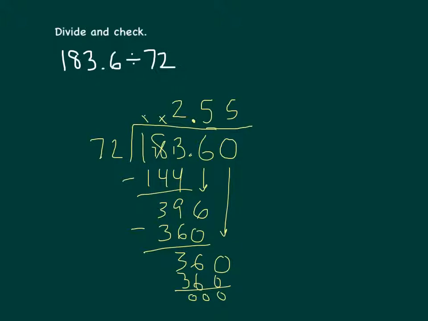Now we need to check our work. I'm going to reverse it. I'm going to take the quotient and multiply it by the divisor.